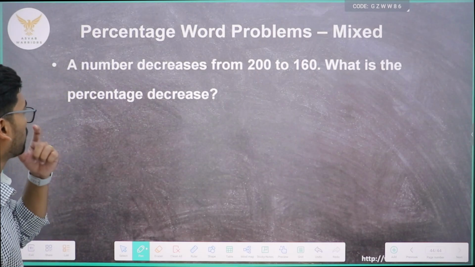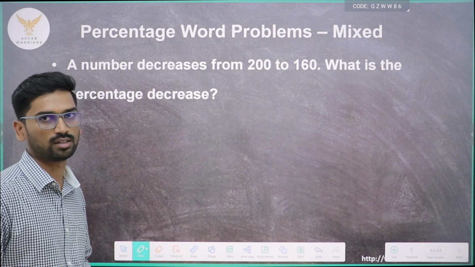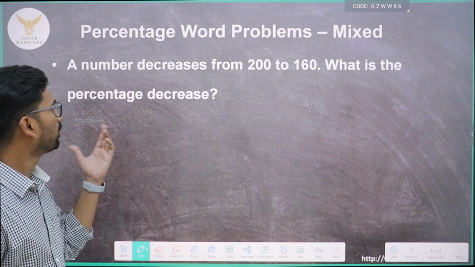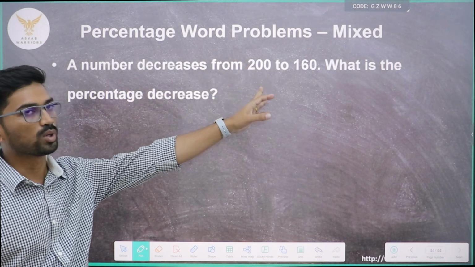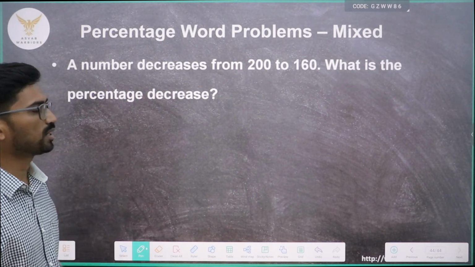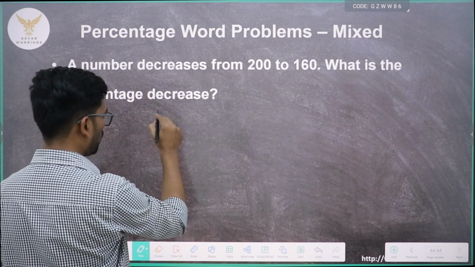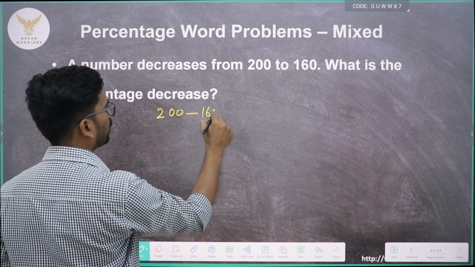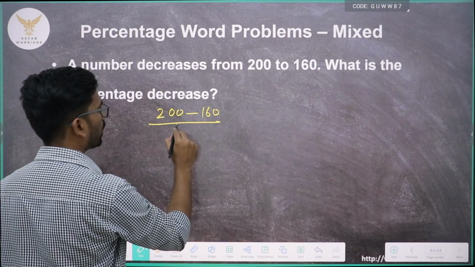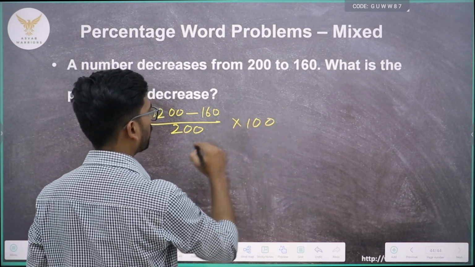The next question is, a number decreases from 200 to 160. Now this is the case of percentage decrease. A number decreases from 200 to 160. What is the percentage decrease that we need to find out? So what was the original or old value? It was 200 minus 160 over the original, 200. We will multiply it by 100.